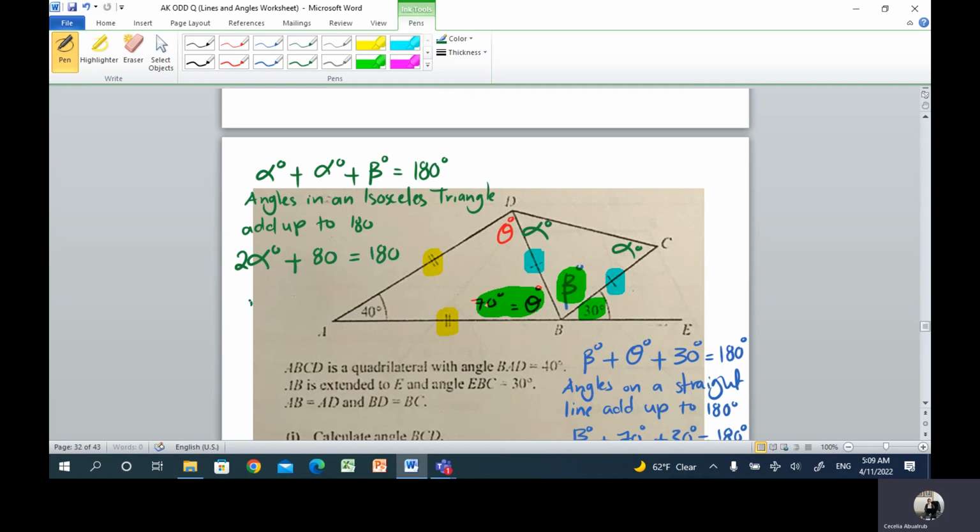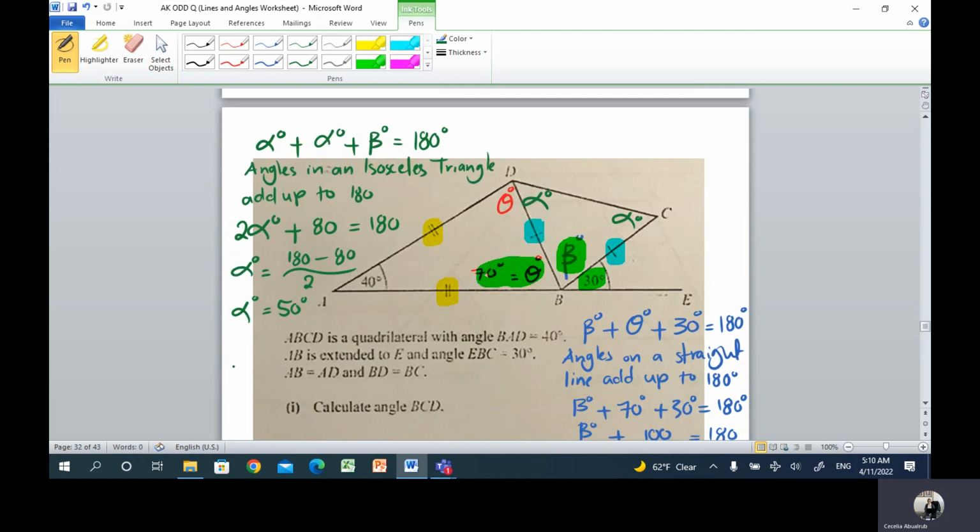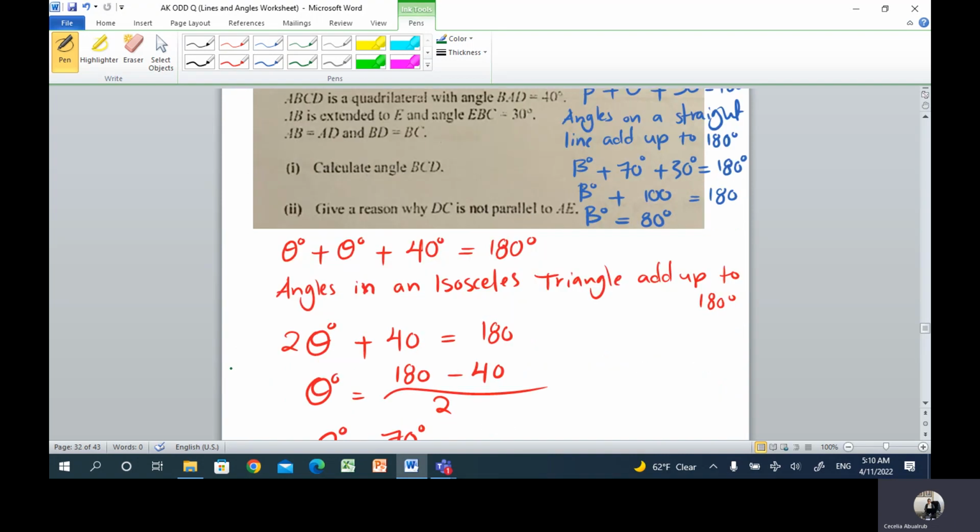If you apply opposite operations, then alpha will come down to 180 minus 80 divided by 2. So alpha is equal to 180 minus 80 divided by 2. So it will be 50 degrees. And so we found all unknown angles in this shape.